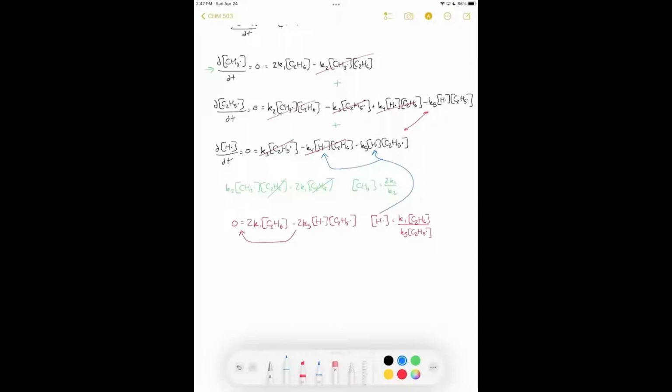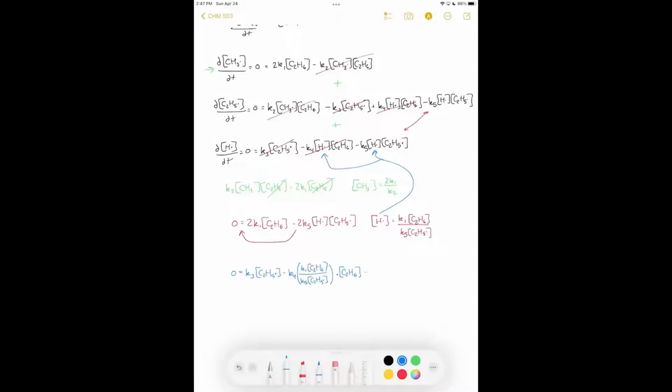So what we get is then 0 is equal to K3 times the concentration of C2H5 minus K4, and then we'll substitute in H atom, which is K1 C2H6 over K5 C2H5 times the concentration of C2H6.